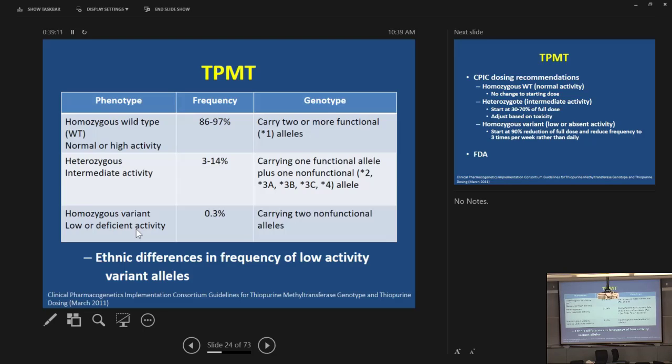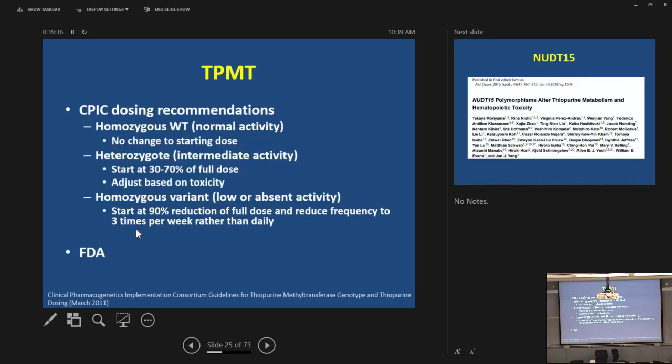Yes. Yep. It'll be important that you understand what the alleles and genotypes are, because it's going to depend on how we treat patients. Okay, so just remember there are some ethnic differences that we may have to pay attention to when treating patients.